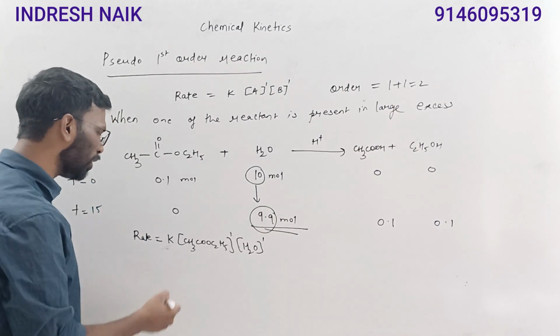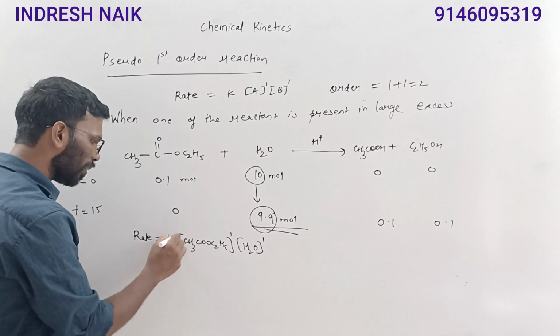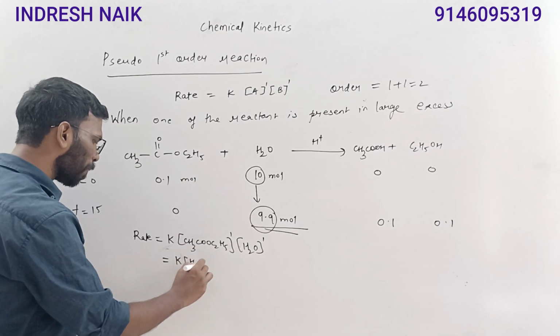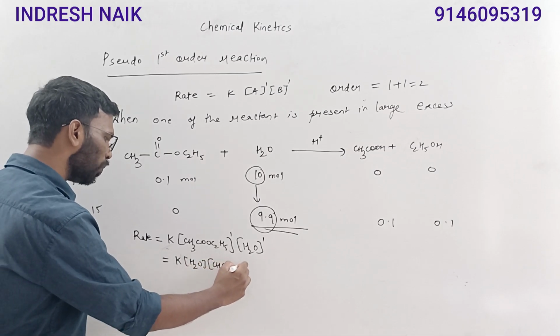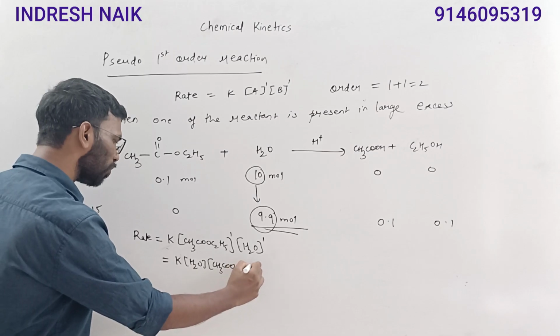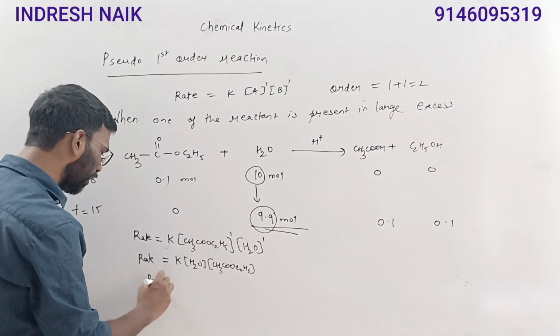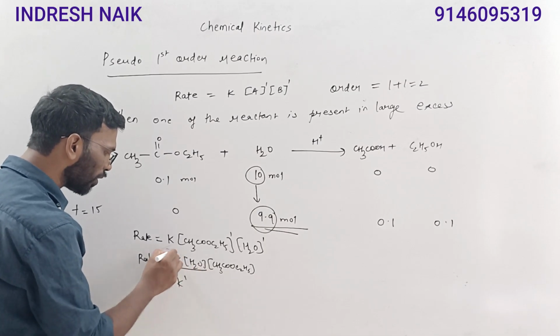It is changing from 10 just to 9.9. So I'll write rate is equal to k [H2O] [CH3COOC2H5], and I consider k[H2O] as k dash. K dash means this k is constant and the water concentration is also constant.